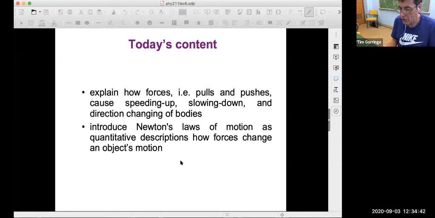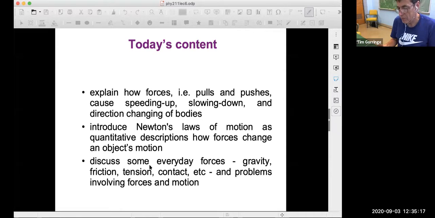I want to introduce Newton's laws of motion. And Newton's laws of motion really describe quantitatively how these forces alter or change the motion of an object. And so those really make concrete and quantitative the explanation of how these forces act to change the motion, speed up, slow down, change the direction of an object.